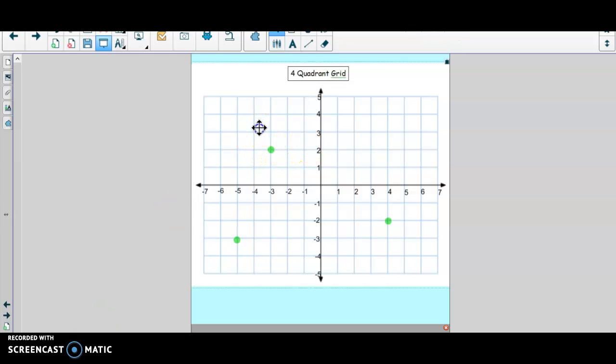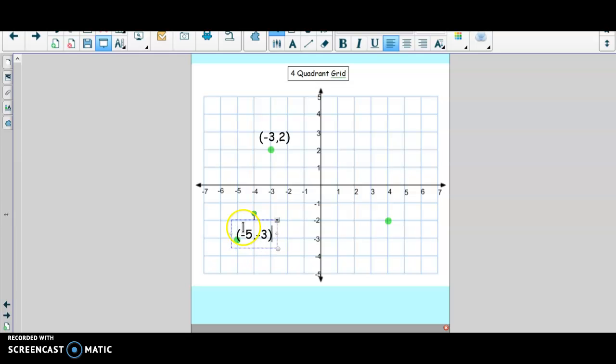Let's pop these coordinates in. Remember your brackets. So we said we're going -3 along and 2 up for this particular point. So your coordinate becomes -3, 2. For this point here, we're going -5 along on our number line and -3 down. So our coordinate becomes -5, -3.